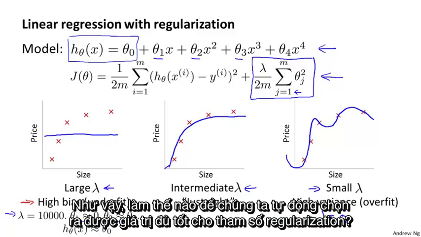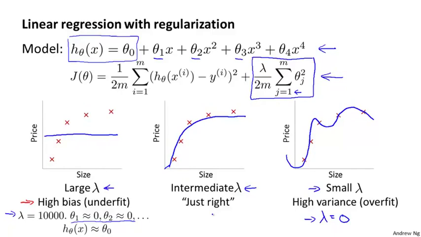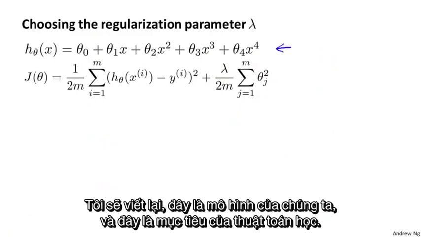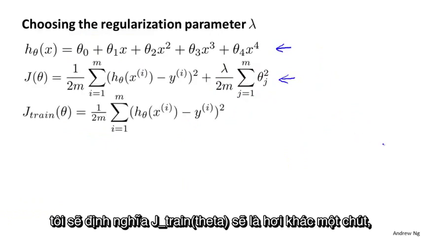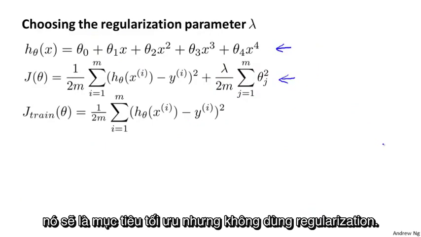So how can we automatically choose a good value for the regularization parameter lambda? Just to reiterate, here's our model, and here is our learning algorithm's objective. For the setting where we're using regularization, let me define J train of theta to be something different, to be the optimization objective but without the regularization term.